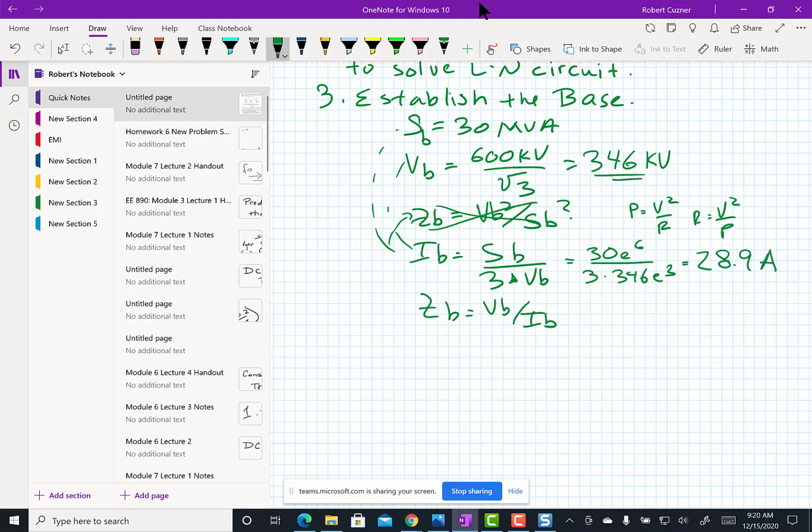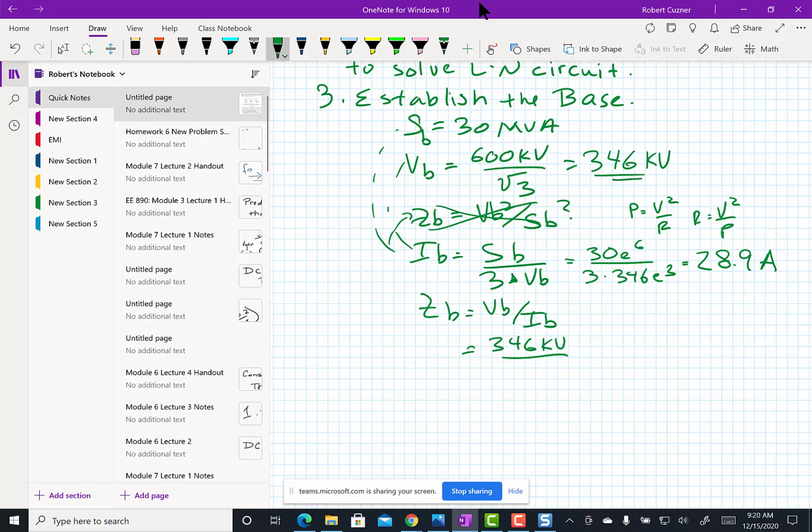So the Z base is going to be a big number, okay? But that's not because you have a long transmission line. It's because you have a very high voltage and a low current, and that's what you want in a transmission line.